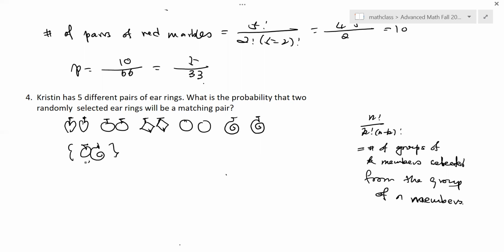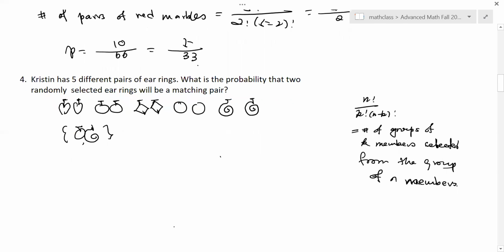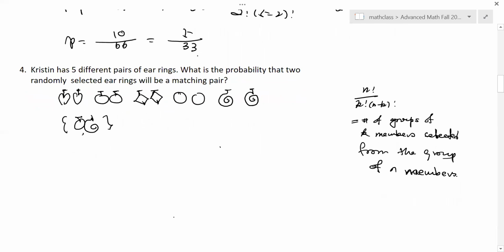So Joyce, do you have answers? You have to figure out the numerator and the denominator, right? Yeah, your denominator is correct.